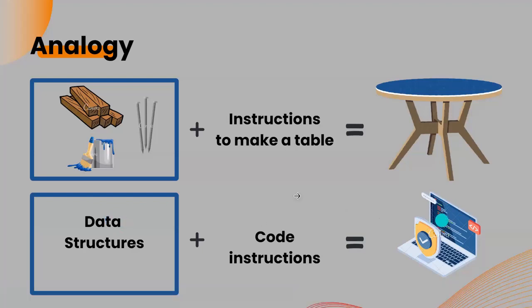And these instructions, these are the algorithms. So you apply algorithms on data structures to be able to get your final product, which is the computer system or the application that you're building.